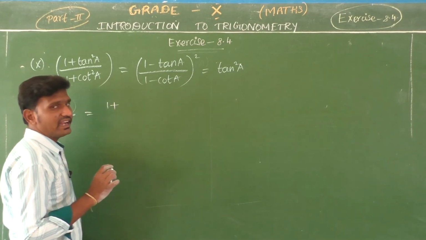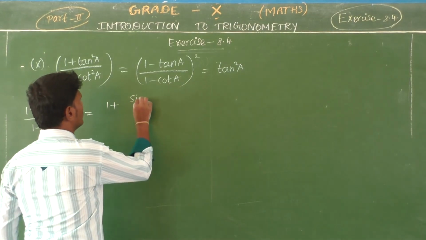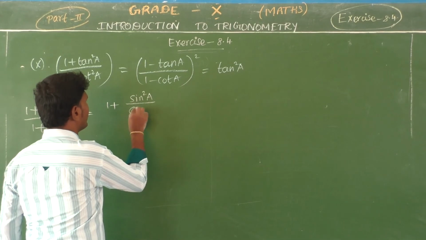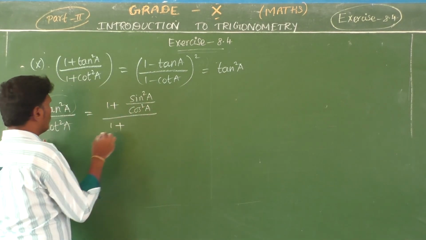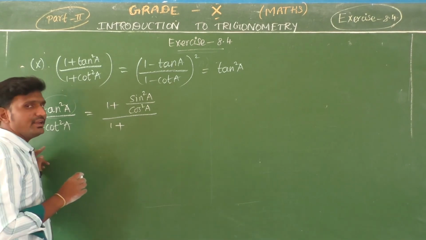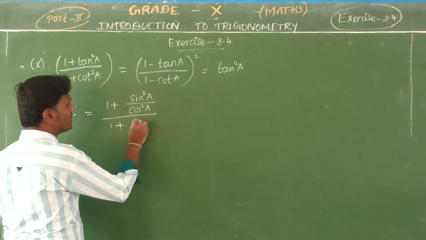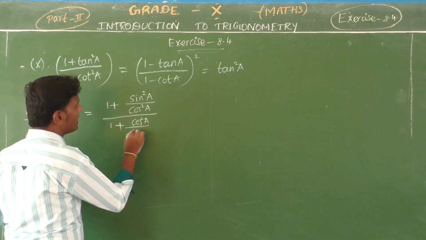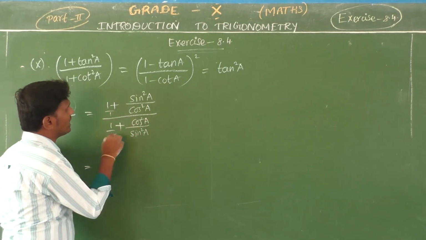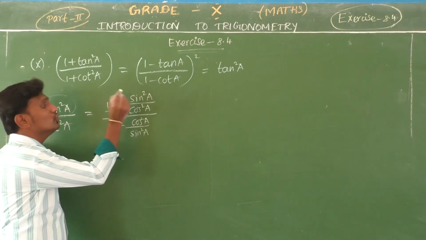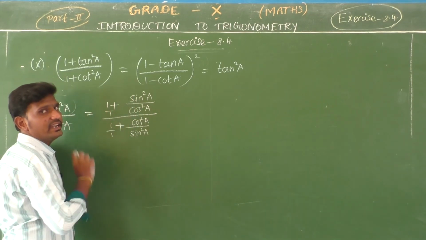Now 1 plus tan square, see, 1 plus, do you know tan A? The ratio of tan A is sin by cos. So sin square A by cos square A, the whole divided by 1 plus cot square A, what is the ratio? Cos A by sin A, so cos square A by sin square A. Now I am going to take a cross multiplication in numerator as well as denominator.